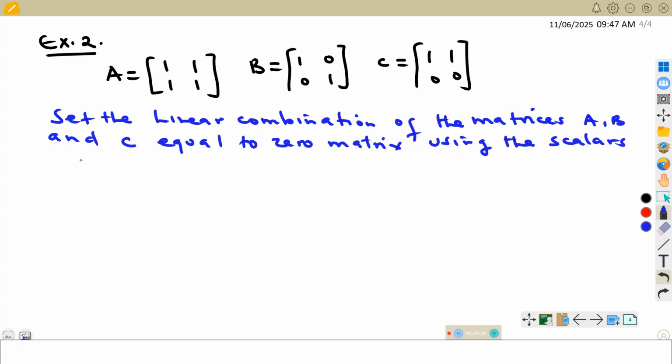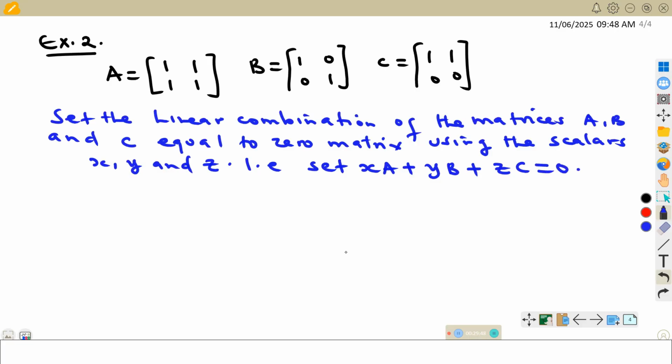We can use alpha 1, alpha 2, alpha 3, or we can use x, y, and z. So these are our scalars. That will imply that we set the linear combination of the scalars and these matrices: xA plus yB plus zC equal to 0. That is what we need.